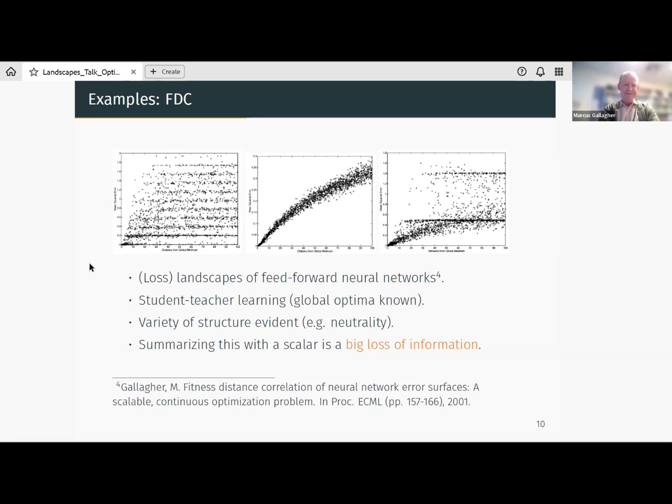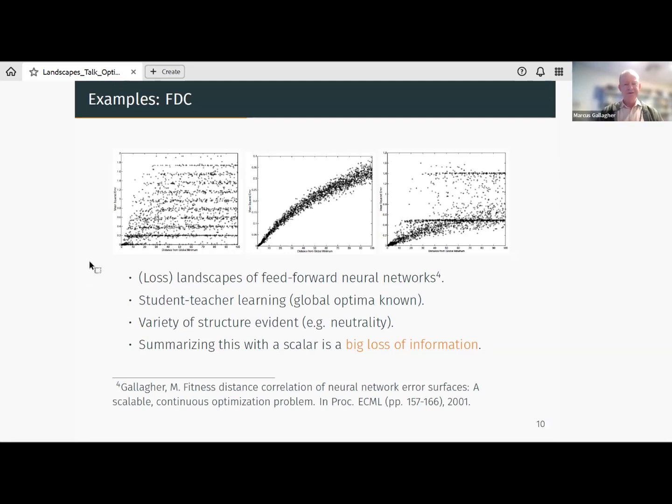And in this case, we set up the network so that we know the global optimum, and we can calculate the fitness distance correlation. And these plots show the actual data that you have when you calculate the fitness values and the distance from the global optimum, but you plot all of those things rather than summarize with a correlation coefficient.